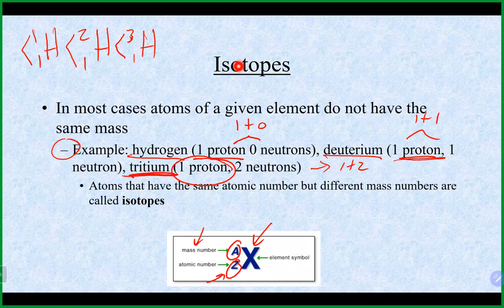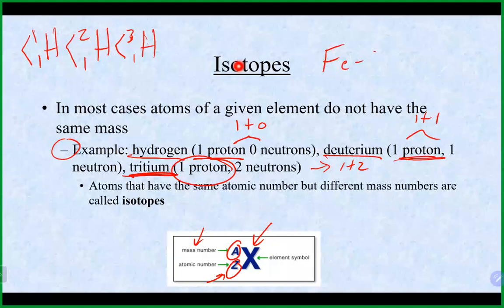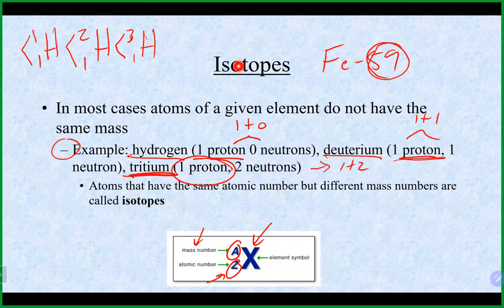Now, a common way that isotope symbols are sometimes written is, for example, Fe59. Would this 59 be the atomic number or the mass number? What do you think? It would be the mass number, and we know this because if we went to the periodic table and looked up iron, which is Fe, we would see that it is number 26, which would be its atomic number.